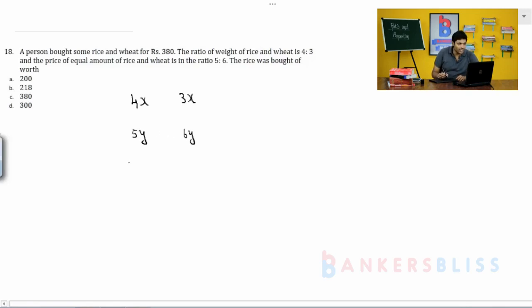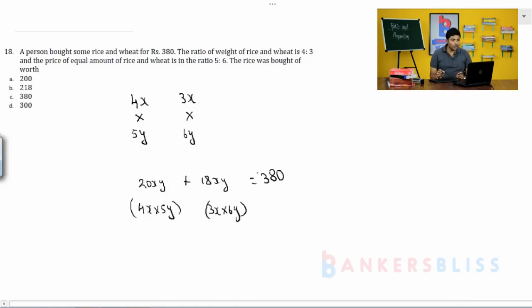So, now what they are telling, the total amount they are paying is 380. Very simple, I have taken the ratio of weight of rice and wheat as 4x and 3x, and the prices of equal amount of rice and wheat in the ratio 5y and 6y.